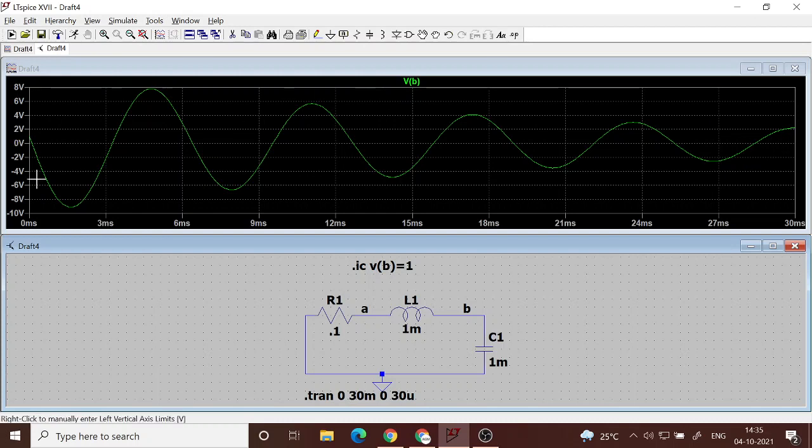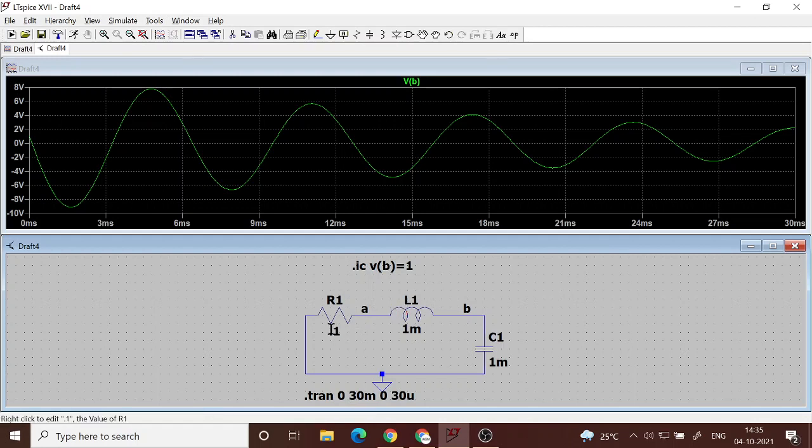You see that the initial amplitude is something like 8 volt. Although we had applied only 1 volt, to have that 1 volt across it, it begins to discharge, and then it goes to minus 8 or minus 9 volt, and then 8, but gradually decreases and goes down to 0.